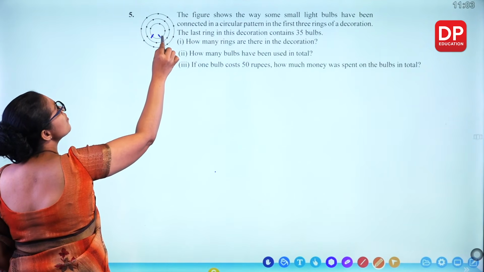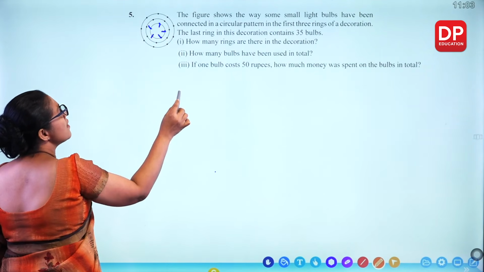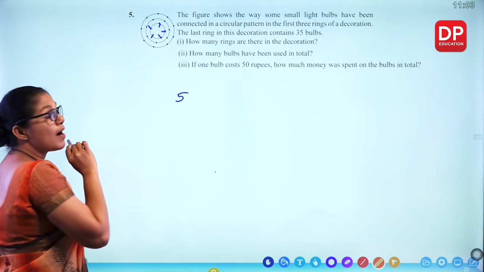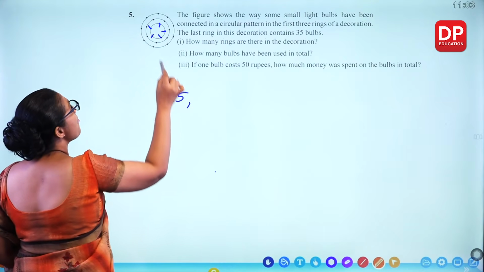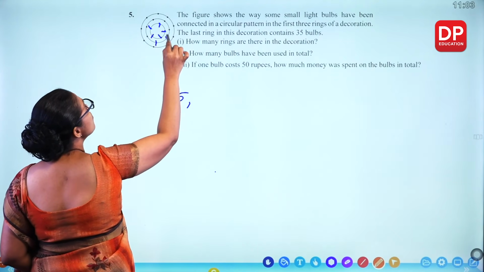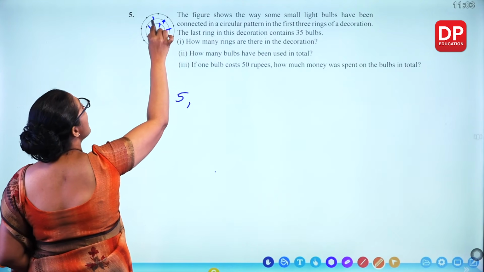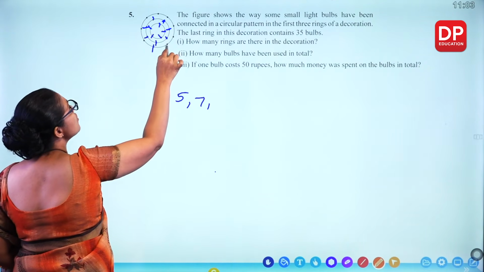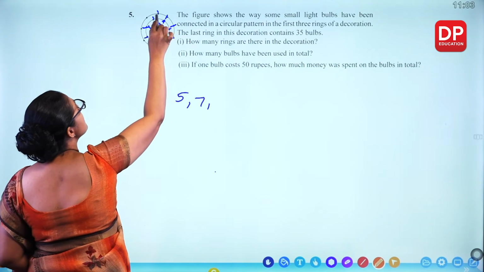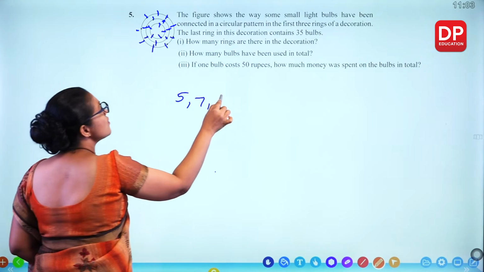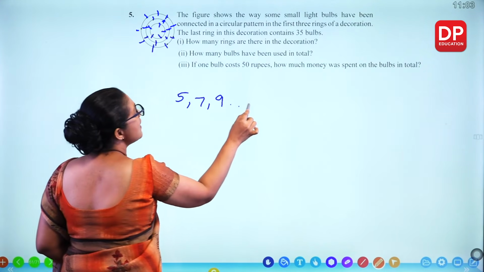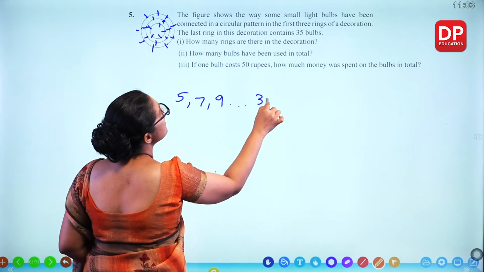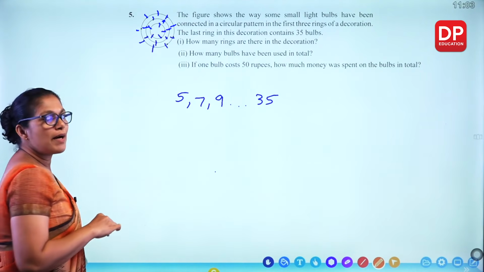Count 1, 2, 3, 4, 5. So the first one, there are 5 bulbs. Second circle, 1, 2, 3, 4, 5, 6, 7. Third one, 1, 2, 3, 4, 5, 6, 7, 8, 9. So that's the pattern. And the last decoration, there are 35 bulbs.